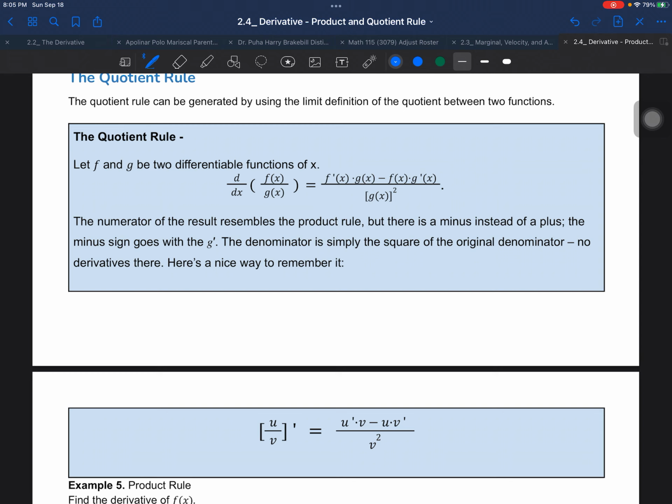So let's define the quotient rule. Of course this rule applies whenever you're dealing with a division of two functions. We're assuming here that f and g are two differentiable functions of x.